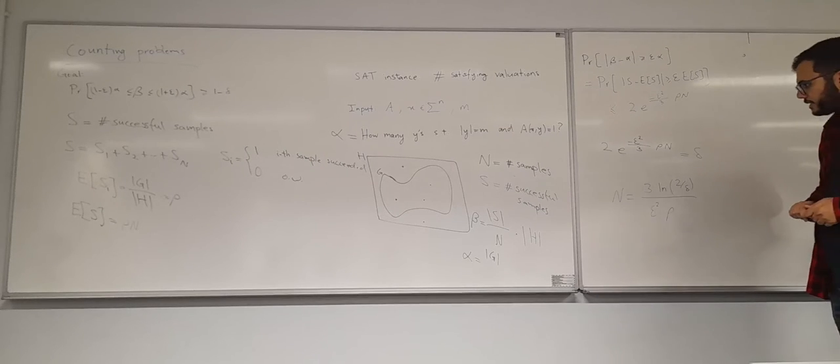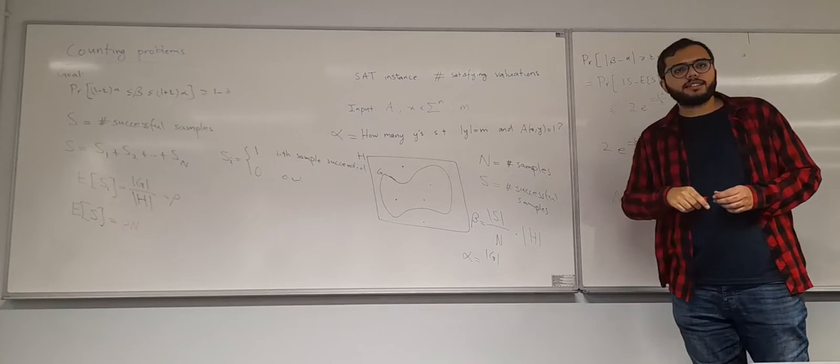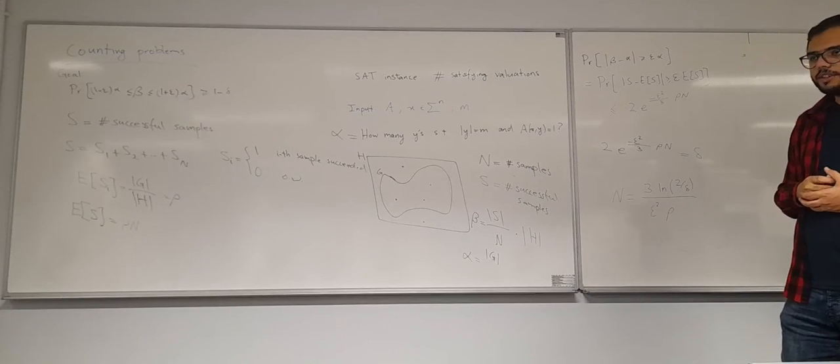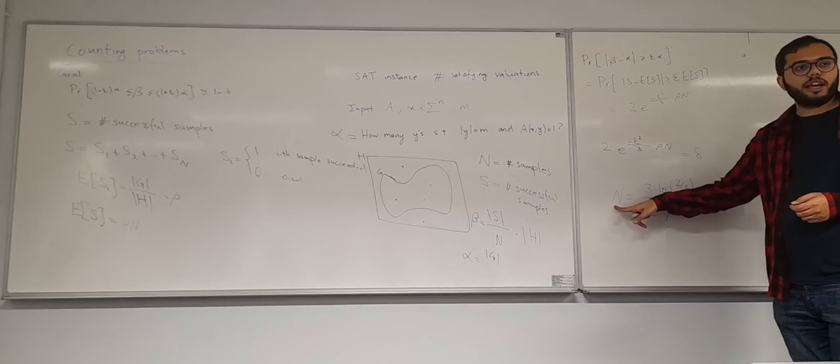Okay, so now let's go back to here. Let's say I've given you a SAT instance, and you're just counting the number of satisfying valuations. So how big should this number n be?